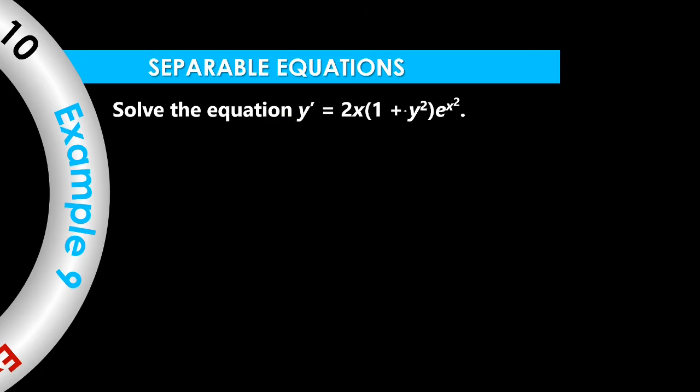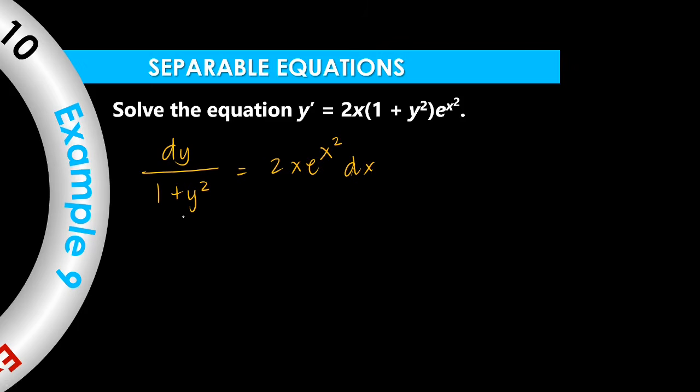And because of that, I can make this 1 plus y squared the denominator of dy. So dy over 1 plus y squared equals 2x e raised to x squared multiplied by dx. So now the variables are already separated. We can now proceed to integration.